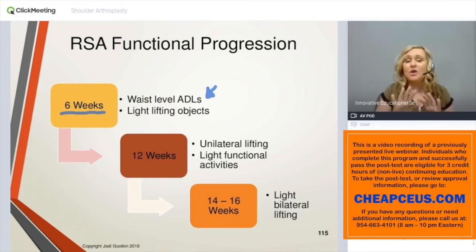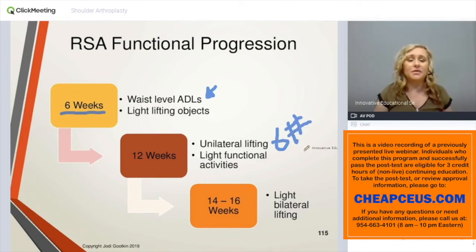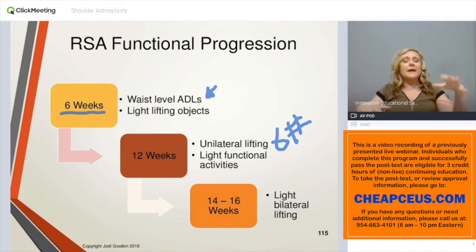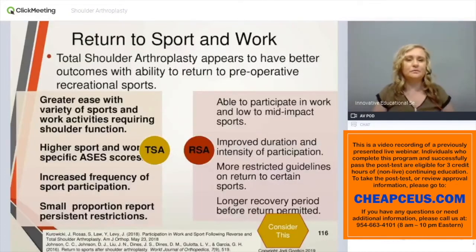They're still not leaning and weight bearing through that extremity yet, but they can start to do some gentle lifting. They can move to about 6 pounds worth of lifting by the 3 month mark, and then 14 to 16 weeks out, they can start doing more bilateral lifting type of activities and more progressive ADL activities and function.